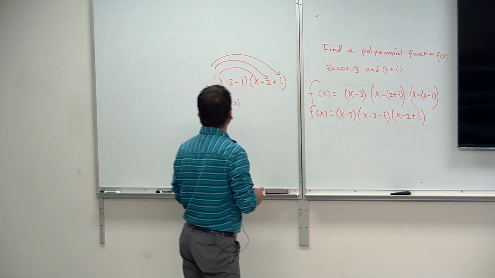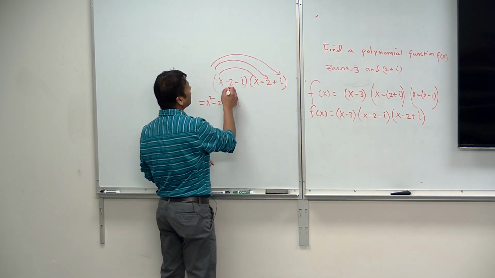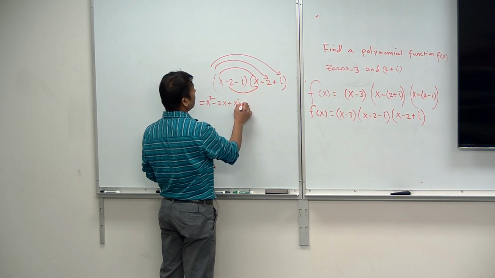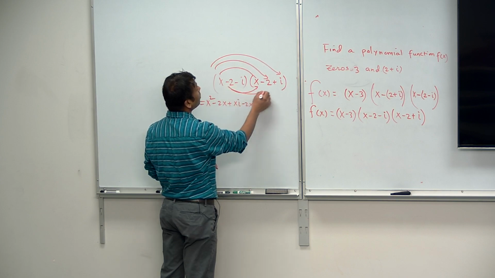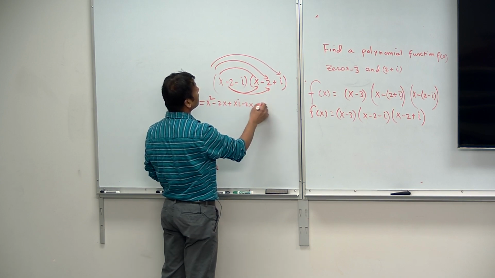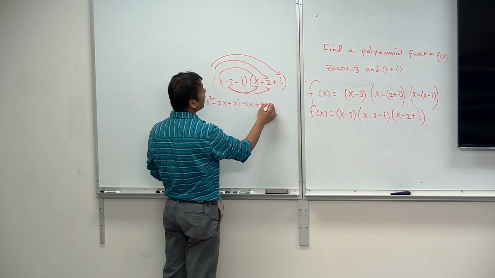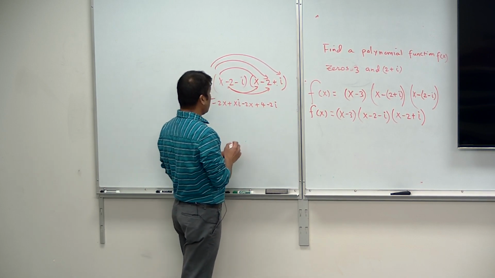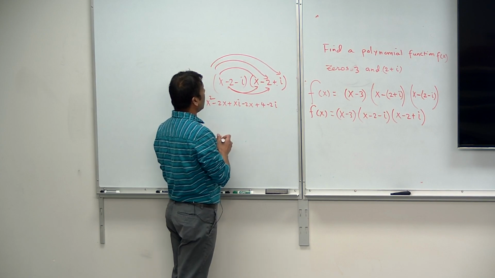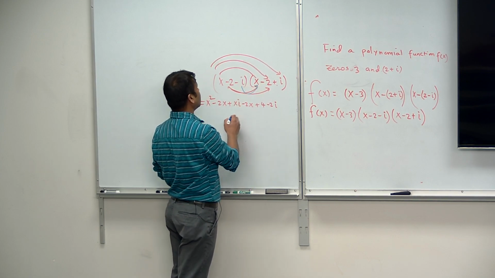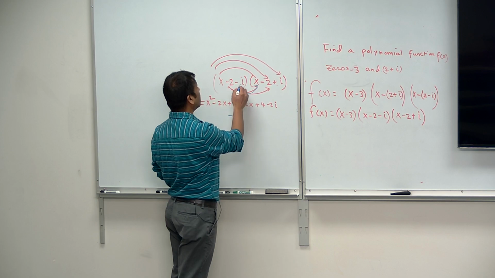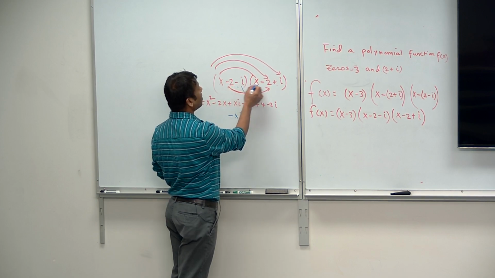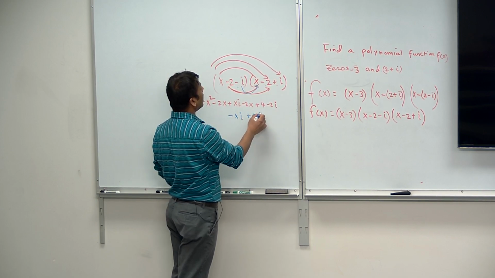Right? So now, negative 2 times x, negative 2x. Negative 2 times negative 2, positive 4. Negative 2 times positive i, negative 2i. And now this i: i times x, xi... negative i times x, negative xi. Negative i times negative 2, positive 2i.